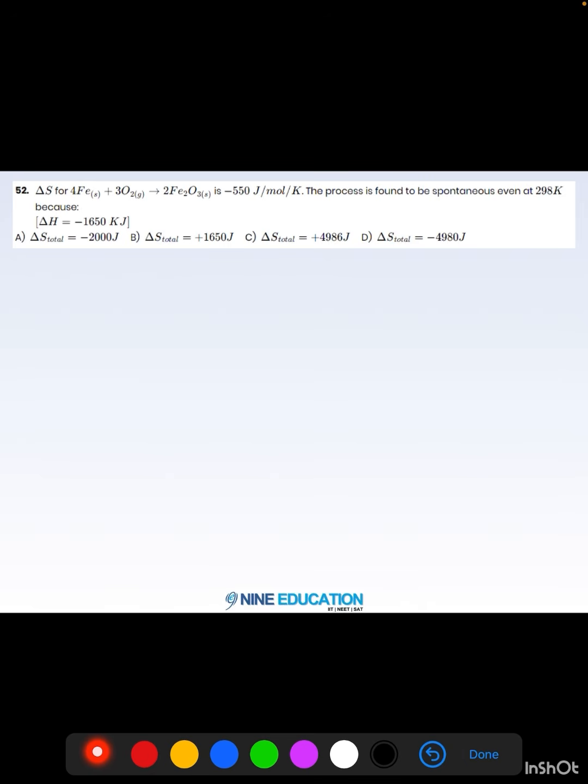Although I can see the question is not that difficult here. So first of all, let us see the reaction. The reaction is 4Fe plus 3O2 giving us 2Fe2O3, and for this reaction the delta S of the system is given as minus 550 joule per mole per Kelvin.